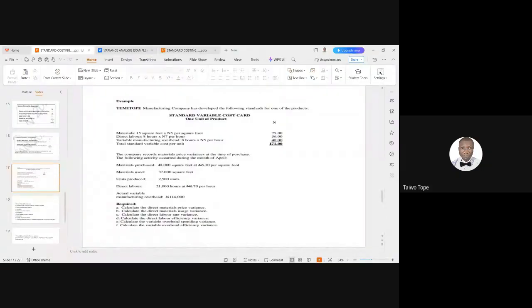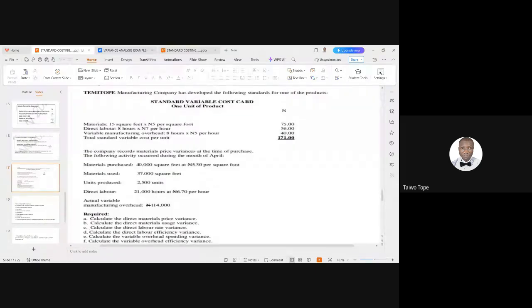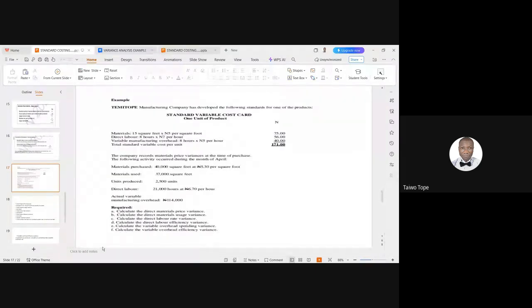This is assignment 1. You go and solve. Calculate direct material price variance, direct material usage variance, direct labor rate variance, direct labor efficiency variance. You can also solve for variable overhead spending variance and variable overhead efficiency variance.